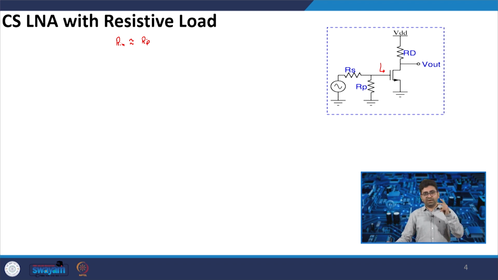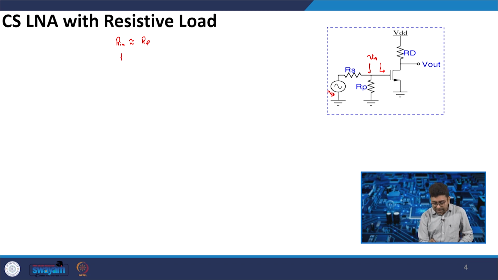Whenever we try to solve any circuit for the low noise amplifier, there are three important parameters: one is the impedance matching, another is the noise figure, and third is the gain. For this circuit your input impedance Rin is equal to RP. To get the gain, if the voltage here is Vin and this is Vs, we want RP to be matched with Rs.